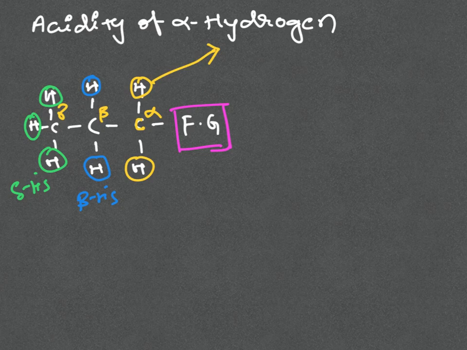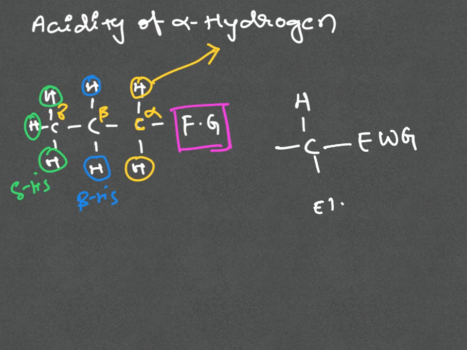Here if we take an electron withdrawing group, which shows greater acidic nature, what could be the reason? Here I am taking a general example. Carbon, I am keeping at least one hydrogen and it is attached to electron withdrawing group.